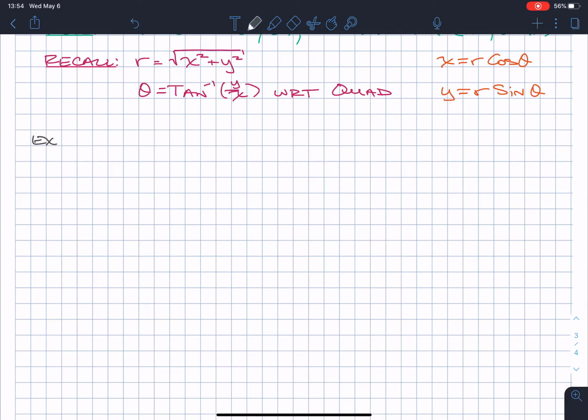So, for example, let's use all of this to express the following equations in polar form.